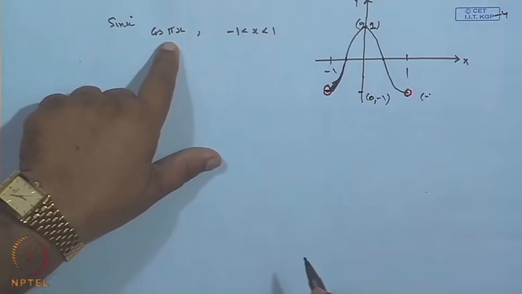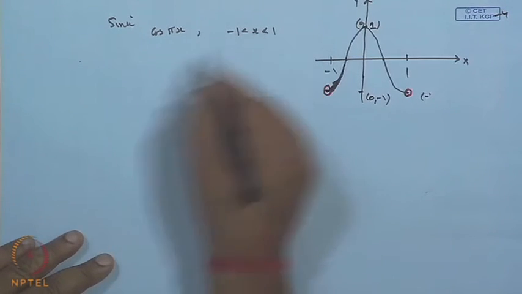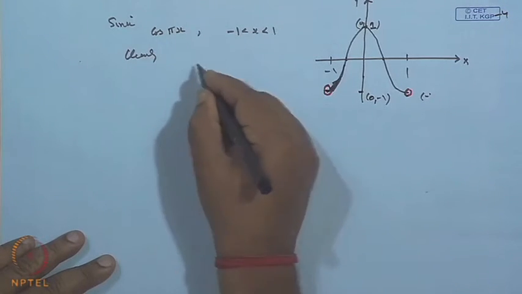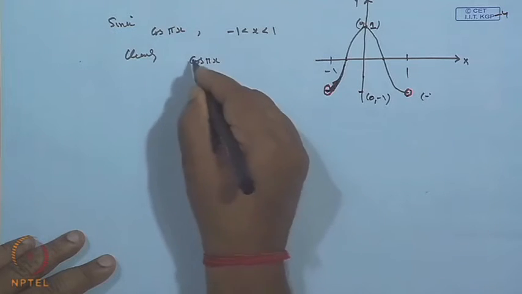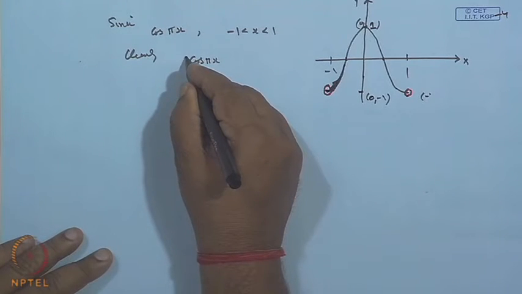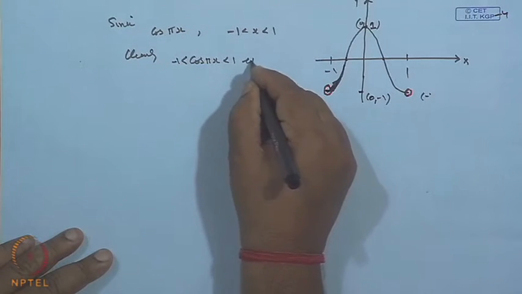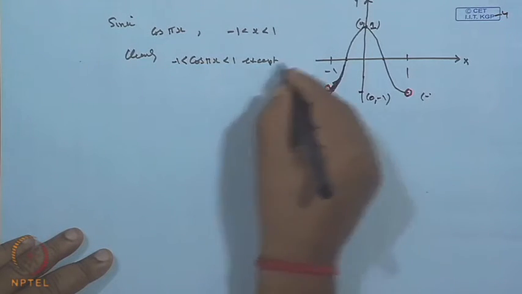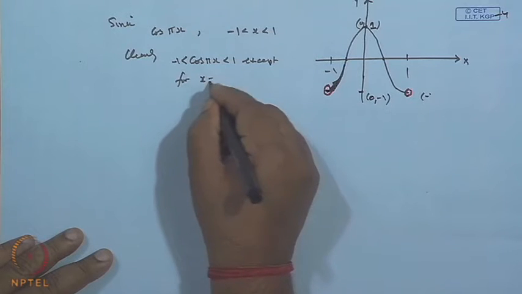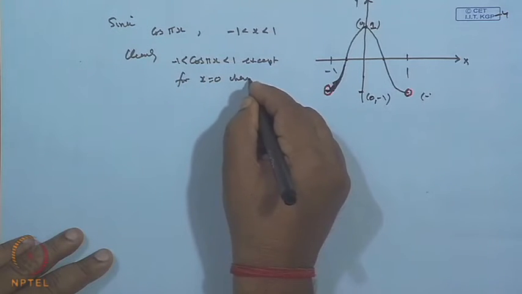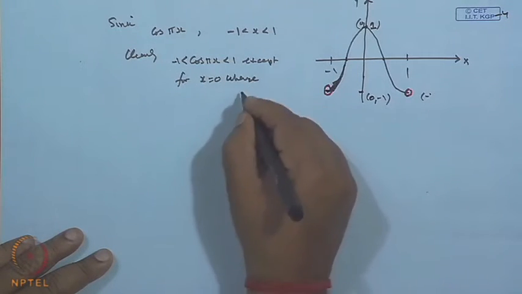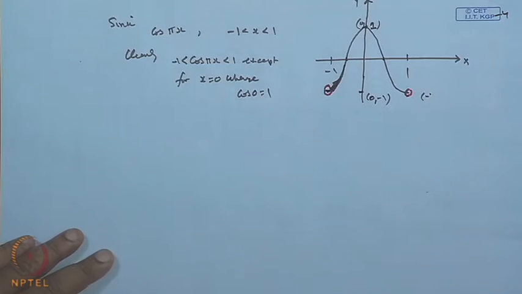So, clearly cosine of πx always lies between -1 and +1, except for x equal to 0, where the value is cosine 0, which is 1.